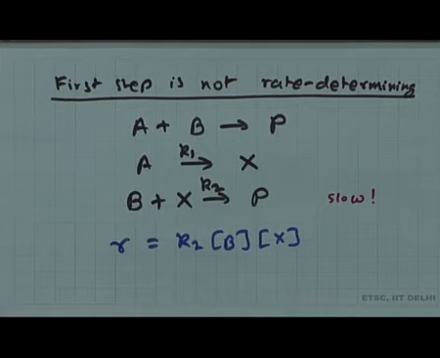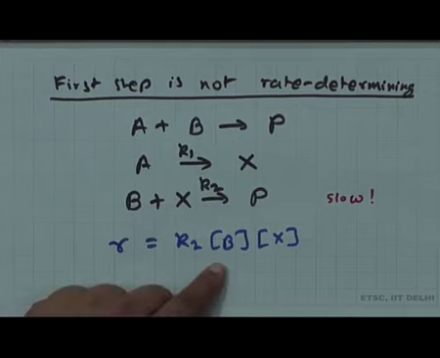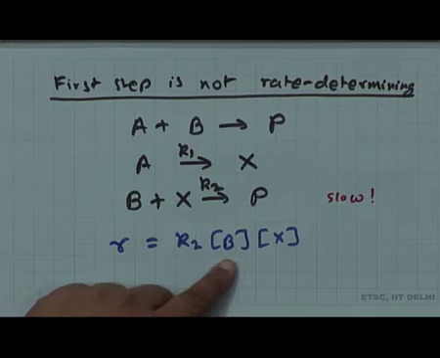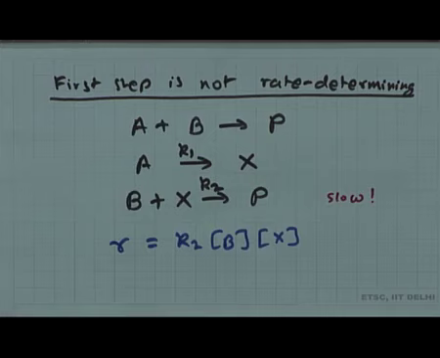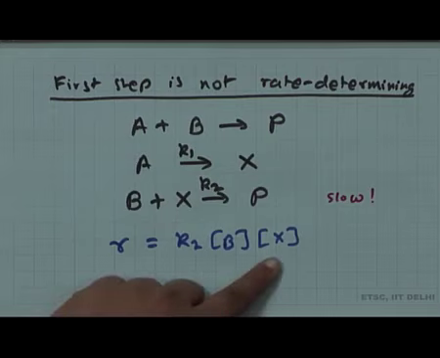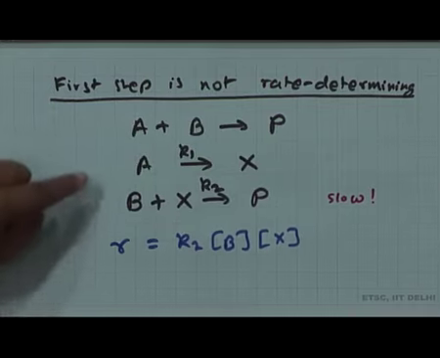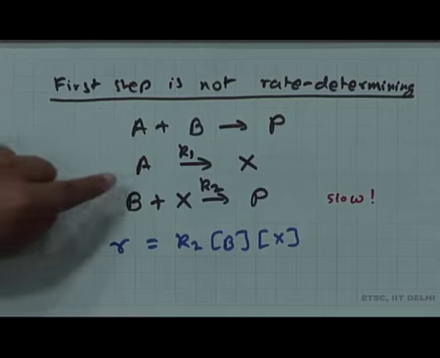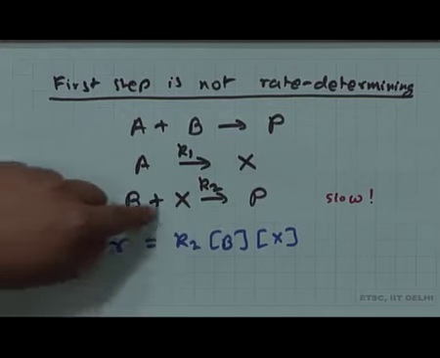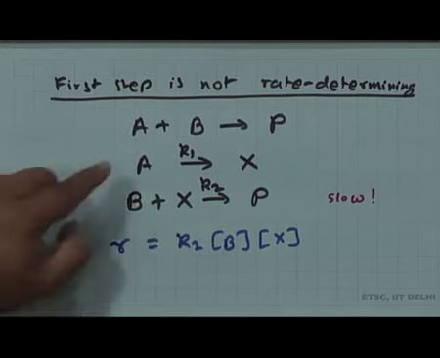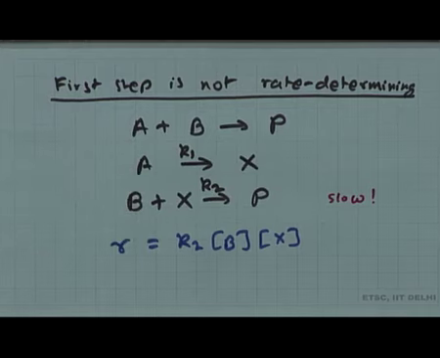Now, this is absolutely fine, right. My second step is my rate determining step, and I am writing this in terms of the concentration of B and the concentration of X. Where does the problem lie? B is a reactant, good. However, what about X? If you look at the two steps, A goes to X, then B plus X going to P, and if I sum it, I get A plus B going to P. So, X does not appear there, which means X is an intermediate.